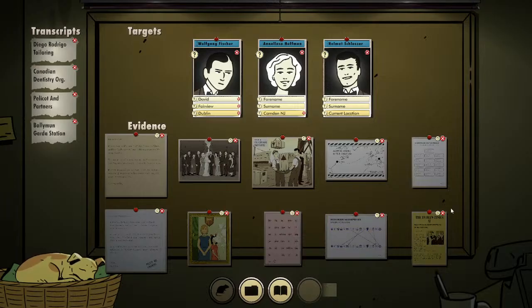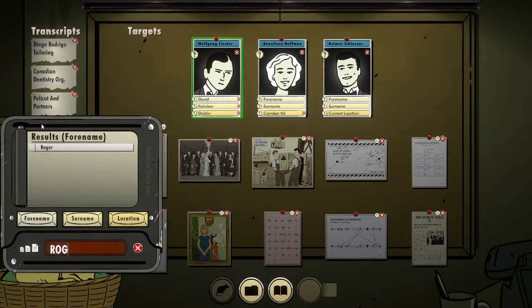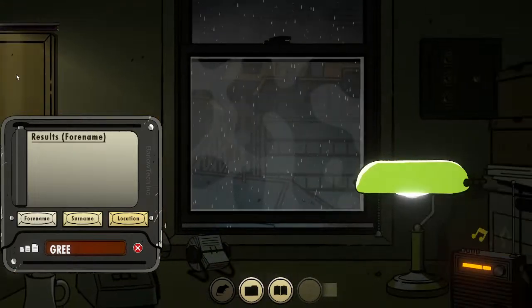So do we have someone that went from Dublin to... Roger Green went from Dublin to New Jersey. Right? Something still doesn't fit. We can try Roger Green for this guy for now. I assume it has to be one of the ones that moved. Although, wait, out of the ones that didn't move, well, I didn't even write down all of them. Hold on.